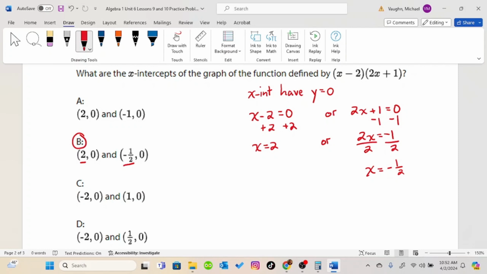Either of these will make the first factor 0 or the second factor 0, and 0 times anything is 0. So A does not work, C does not work, and D does not work. If you have any questions about how to find x-intercepts, please use class time to ask for further clarification.